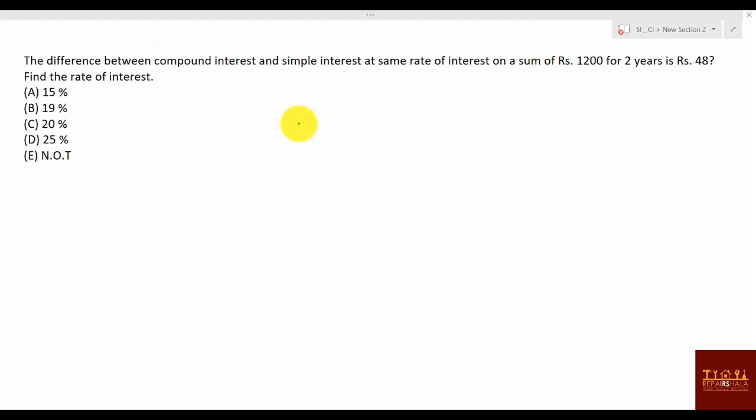So it is given that CI minus SI for 2 years is 48 rupees. Can you find it in terms of percentage? In terms of percentage, it will be 48 divided by 1200. So how much percentage is this? 4%, right? This is 4%.